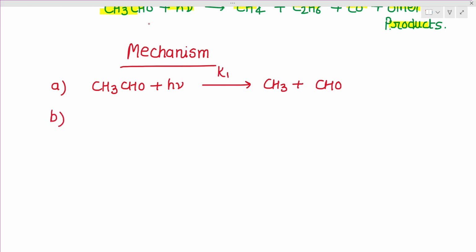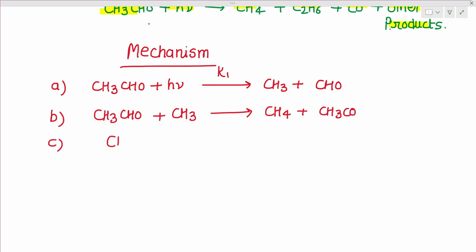The second step is this: CH3CHO now reacts with CH3 and forms CH4 plus CH3CO. This is the rate constant K2 for the second step.